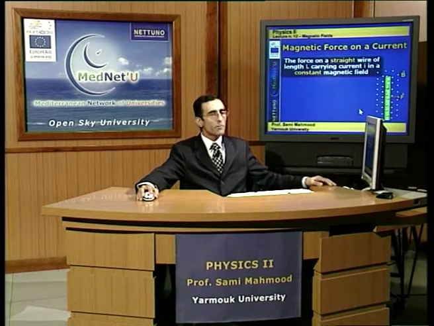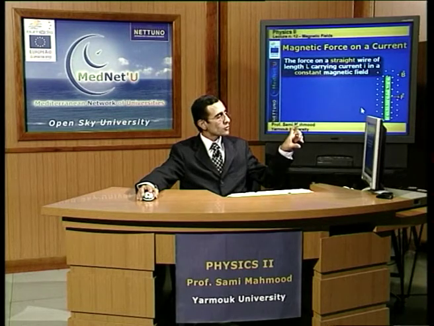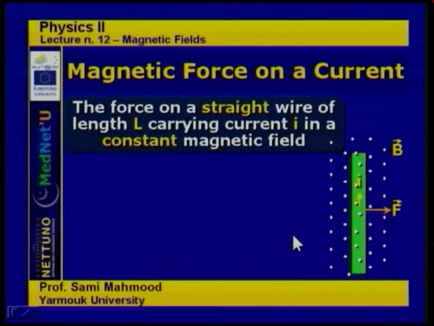For example, if we have a straight conductor of length L carrying current I in a constant magnetic field, the force is simply I times the length of the conductor L cross the magnetic field B.